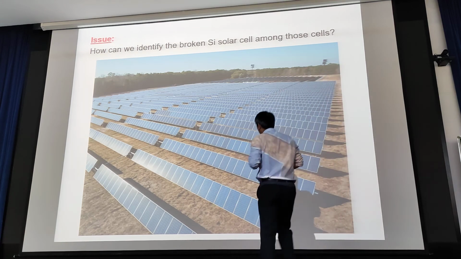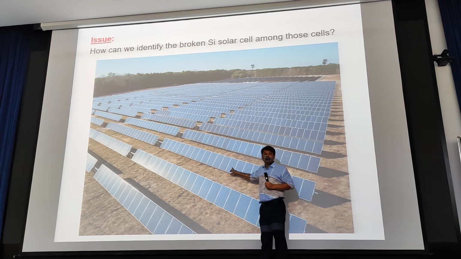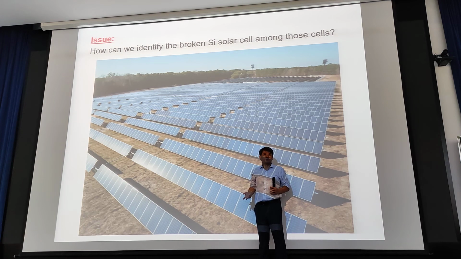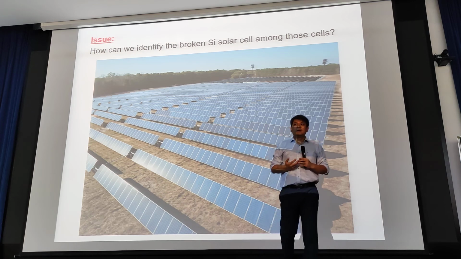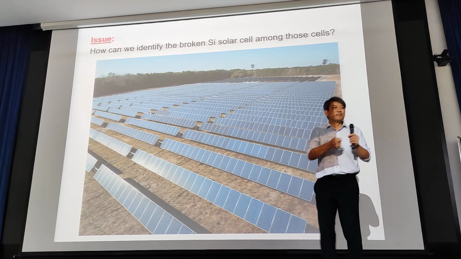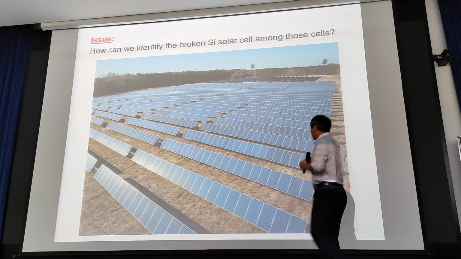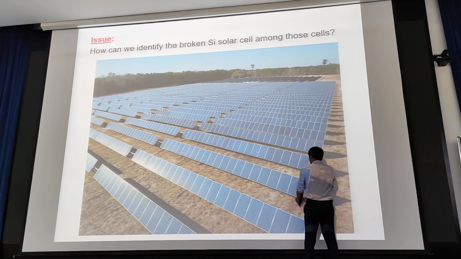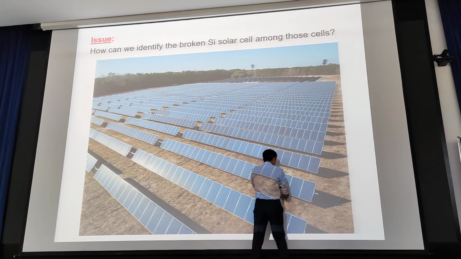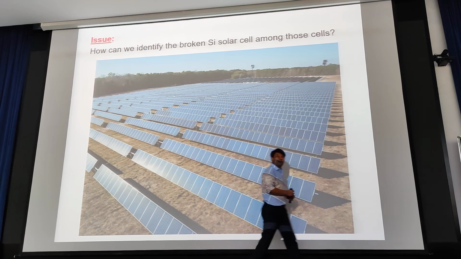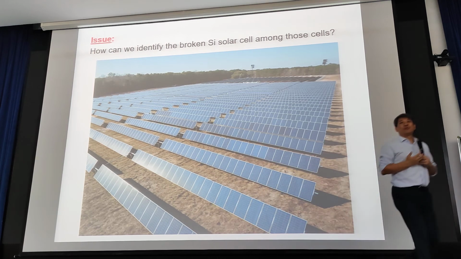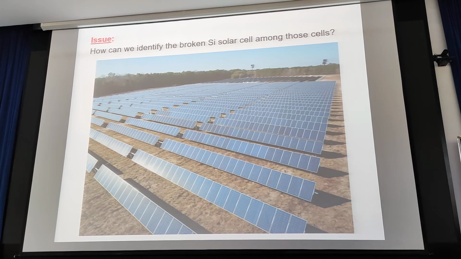How do we know that this one is already broken down and we need to change it? You understand my question? Can we come and make measurements? Okay, it's good. How can we make this kind of identification?